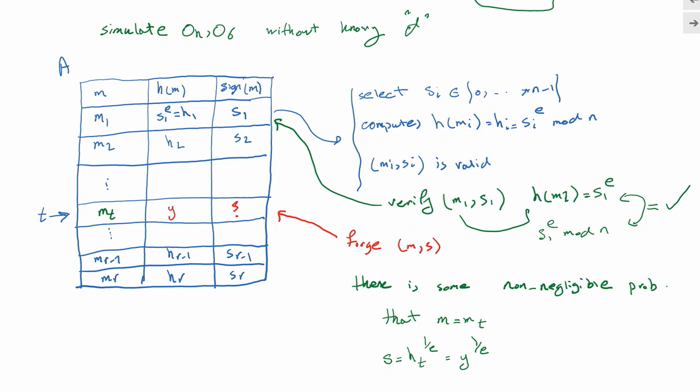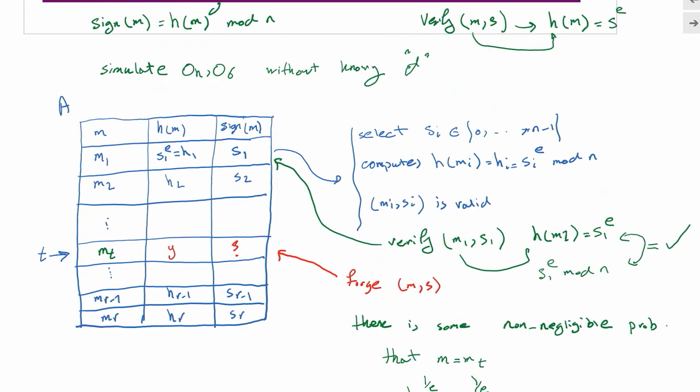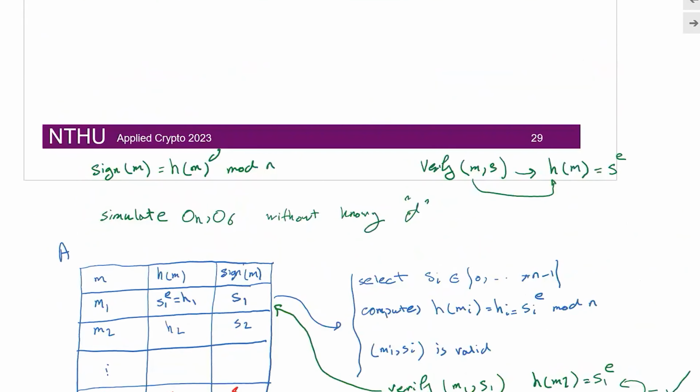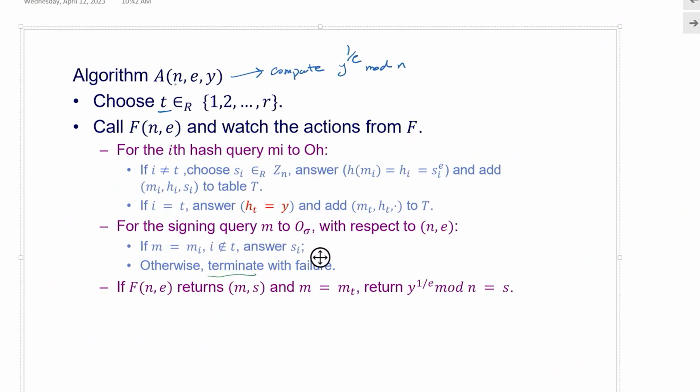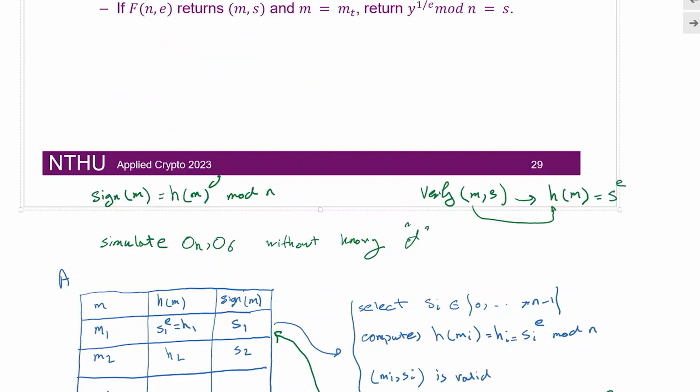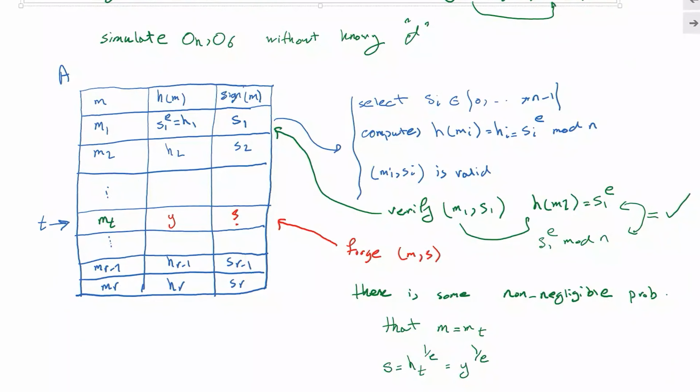If this is the RSA problem, you can solve 1 out of 1 million, right? That doesn't really make sense. It makes sense if somebody can forge most of the time, okay? Then that means this person really has some algorithm, knows some way to break it, and it's not random.